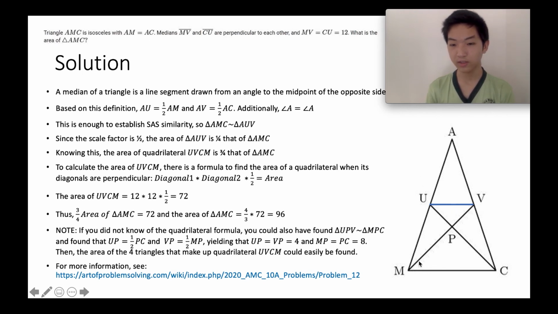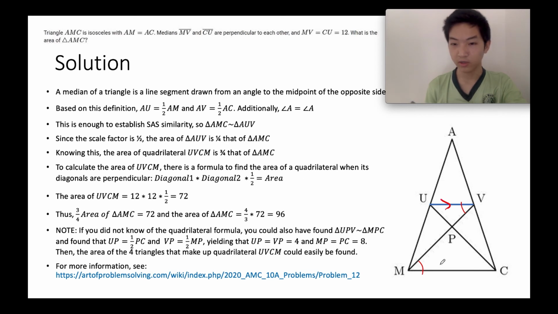that because it's parallel, there's a theorem that states that alternate interior angles are congruent. So we know in this case that angle PMC is congruent to angle PVU because of alternate interior angles.